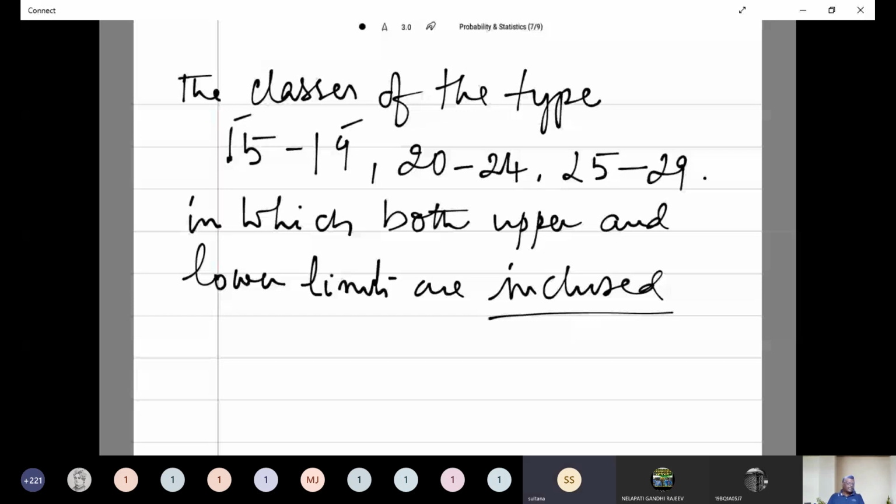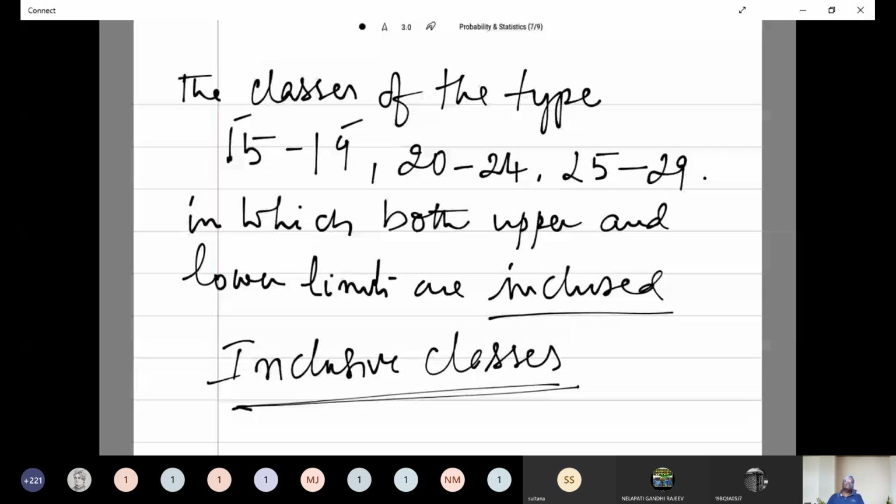Therefore, we say that this type of class interval is known as inclusive classes. This is very, very important. These types of class intervals are called inclusive classes.